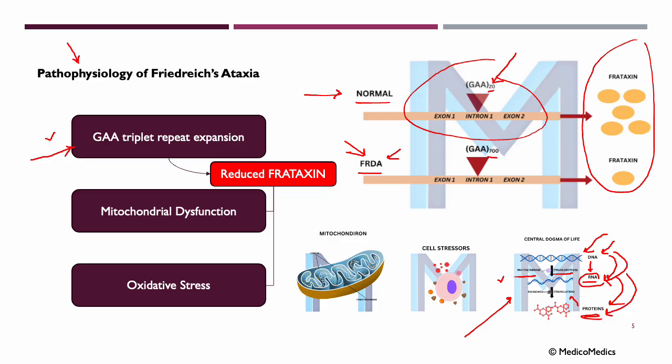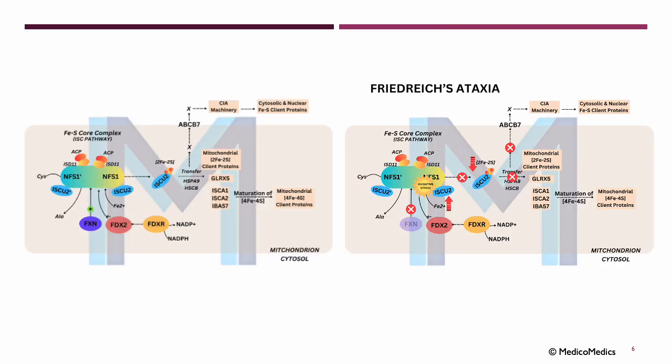Now let's dive a little bit deeper into the issue concerning the dysfunction of iron-sulfur cluster formation. Now we have talked about the central role of a disrupted biogenesis of iron-sulfur clusters in Friedreich's ataxia. So here we have two illustrations, and these two illustrate iron-sulfur cluster biogenesis pathways, specifically in the mitochondria.